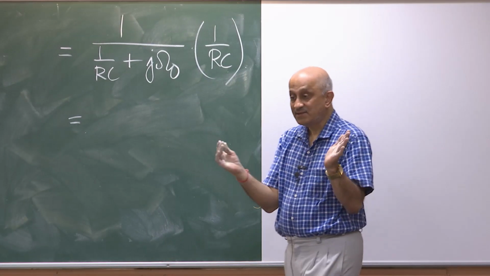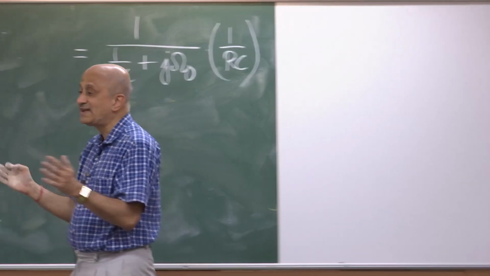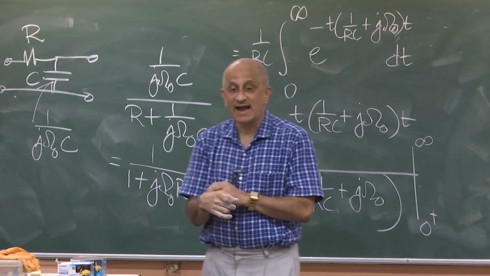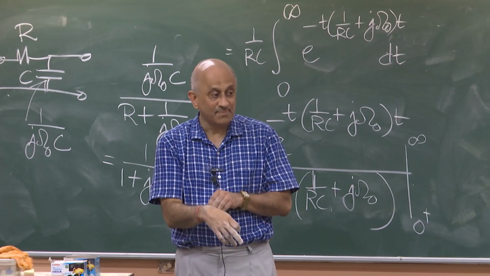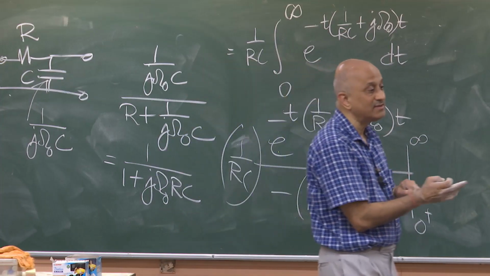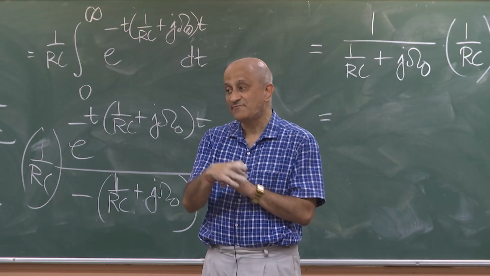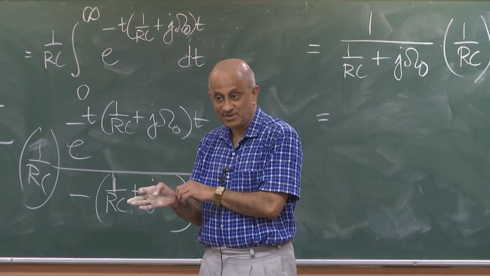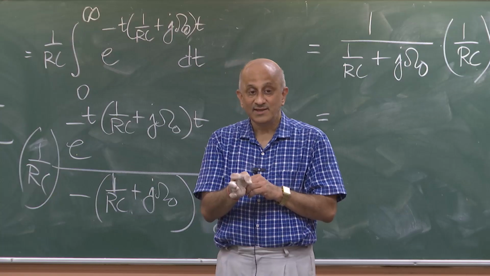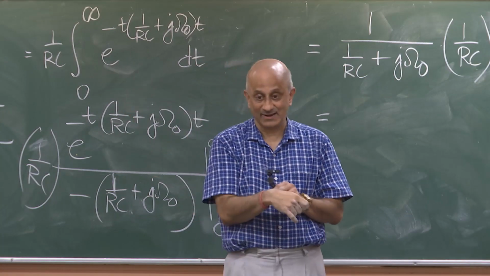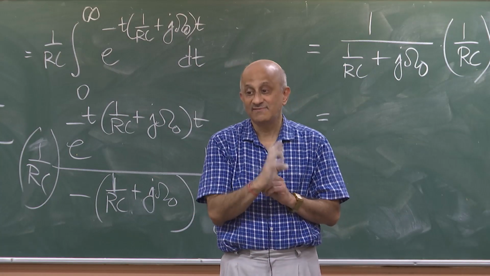So now you see that the two different methods of calculation give the same answer. If you start with the impulse response and find the Fourier transform of the impulse response, or you do a direct circuit calculation, it all gives you the same answer.